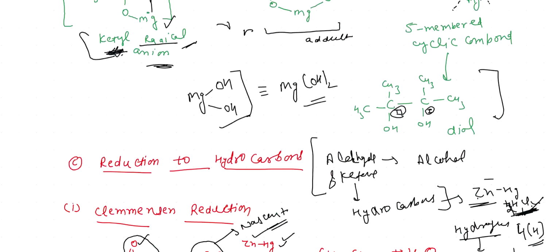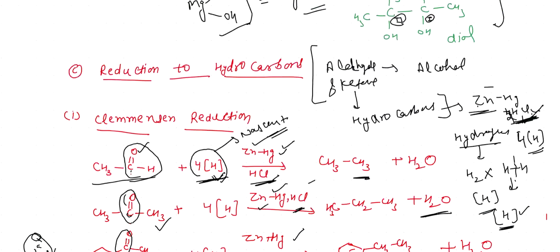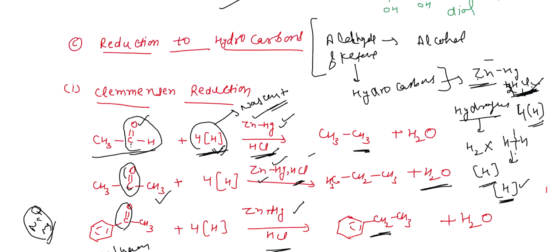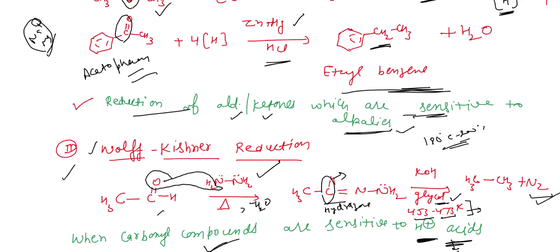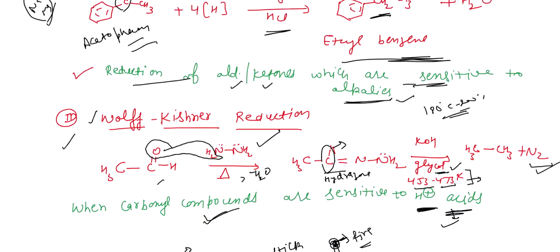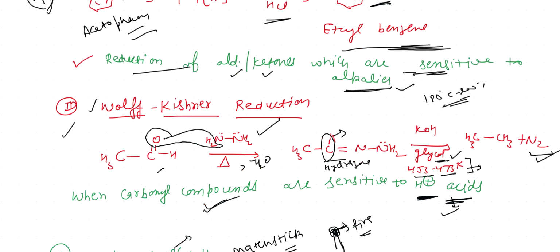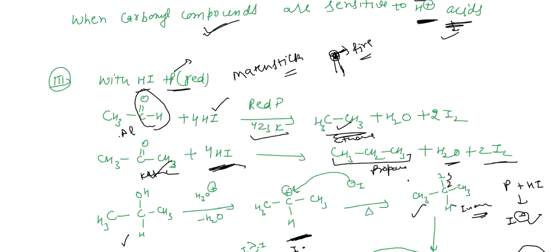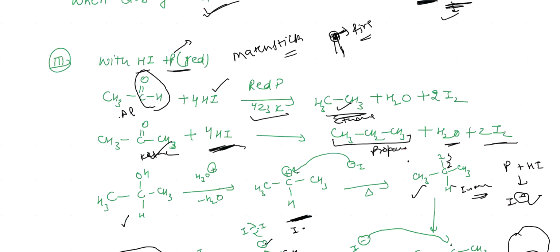The first among these is Clemmensen reduction, in which the reagent used is zinc amalgam in the presence of HCl. And the second one is Wolff-Kishner reduction, in which the reagent used is hydrazine. Here, the last one is the reduction with hydroiodic acid with phosphorus. So this is all about reduction reactions.